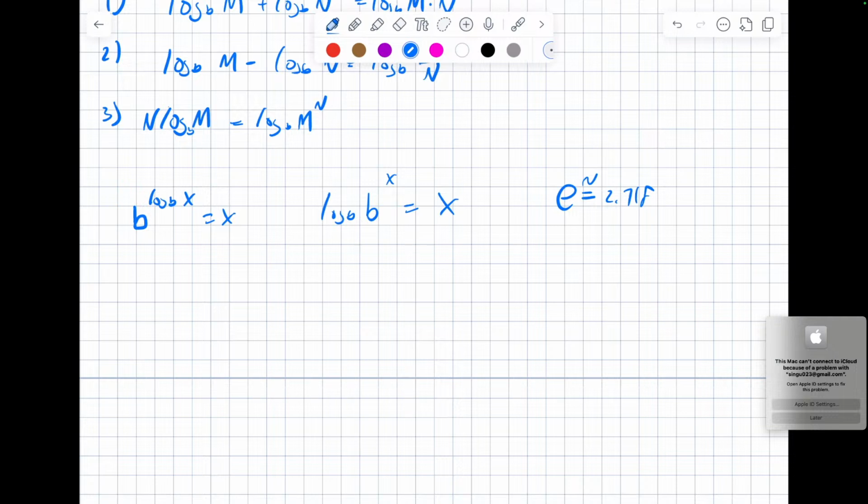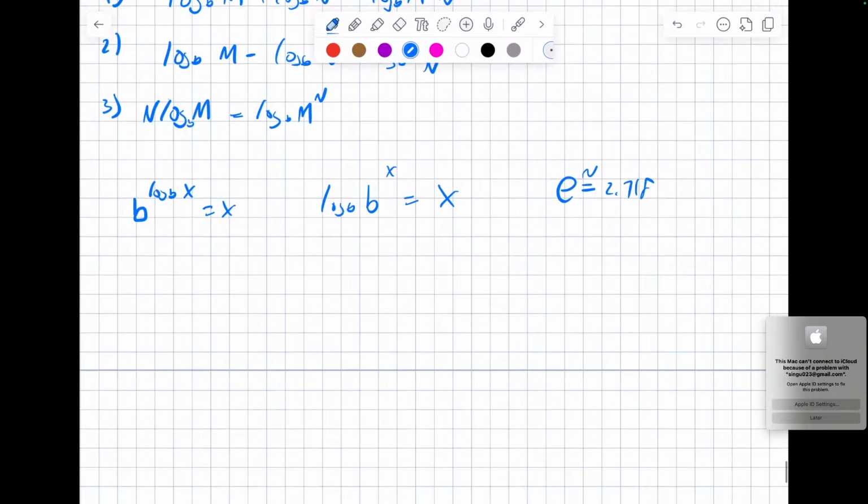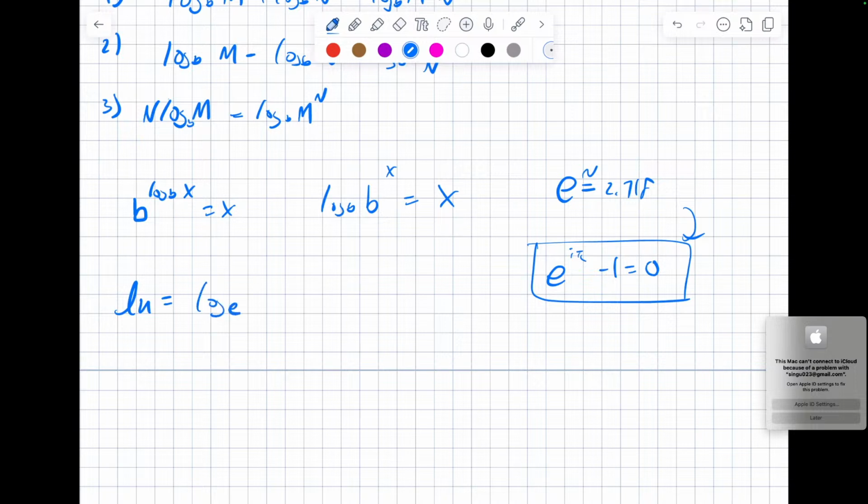So that's Euler's number, 2.718, roughly. And e to the i pi minus 1 is equal to 0. This is called Euler's equation. You don't need to know that, but yeah, that's the most beautiful equation. Also, you need to know the natural log. That means log base e. If I just have a log, that means log base 10.